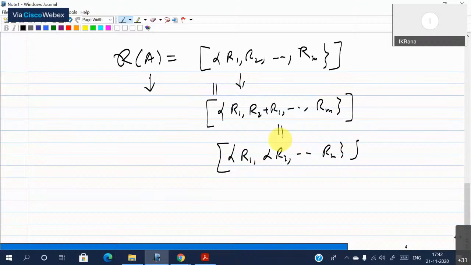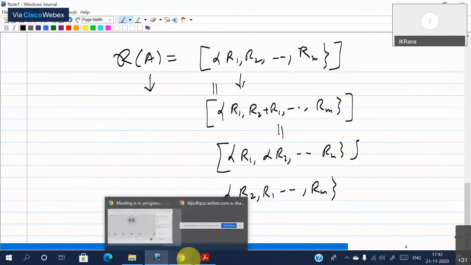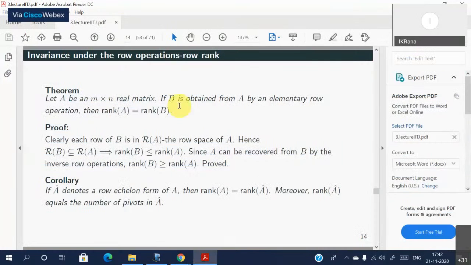And interchange means instead of writing R1, R2, you will be writing R2, R1. But as I said, it does not matter. So I'm just trying to make more visible the fact that row operations do not change the rank.